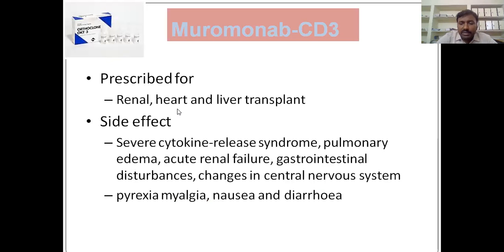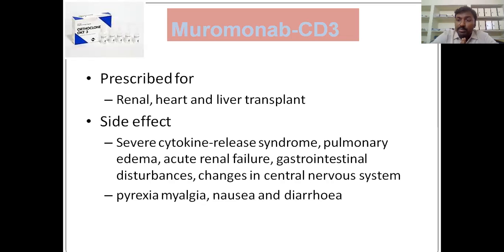It is prescribed mainly for renal, heart, and liver transplantation, and the side effects are severe cytokine release syndrome, pulmonary edema, acute renal failure, gastrointestinal disturbances, and changes in the central nervous system. So what is this monoclonal antibody? Mainly to inhibit the interaction between the antigen and the T cell.